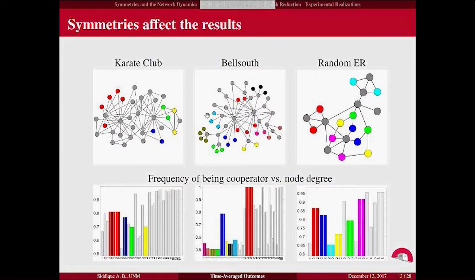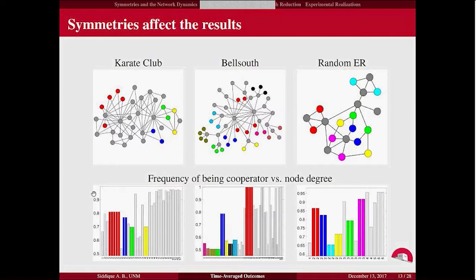On the top we see the figures of the Karate Club, BellSouth, and a random network. These red nodes form one cluster, these blue nodes belong to another cluster, green to another cluster, and yellow to another cluster.